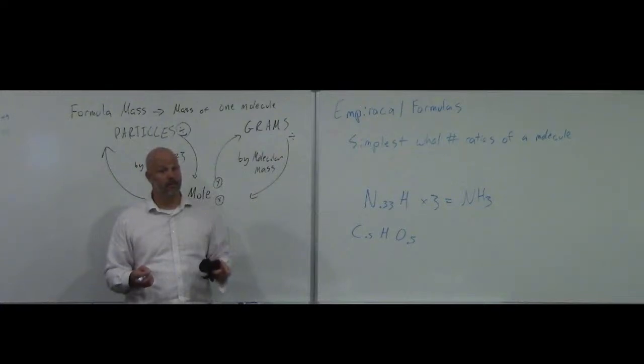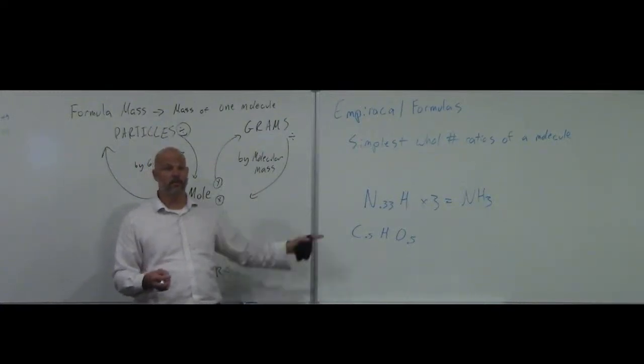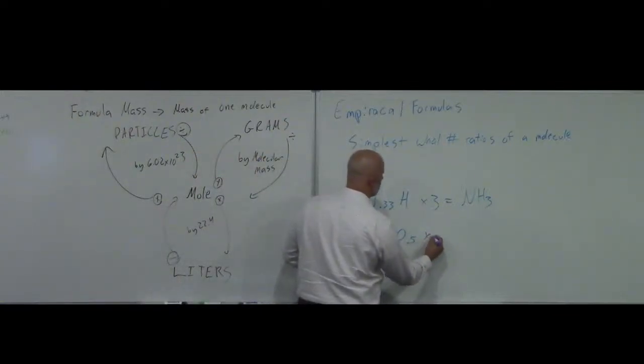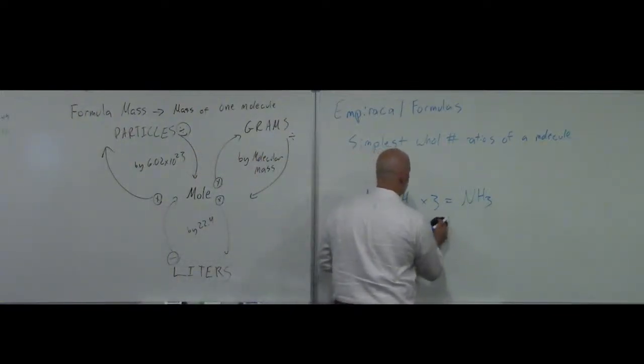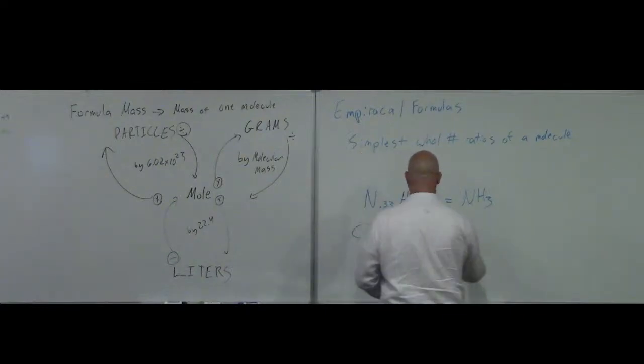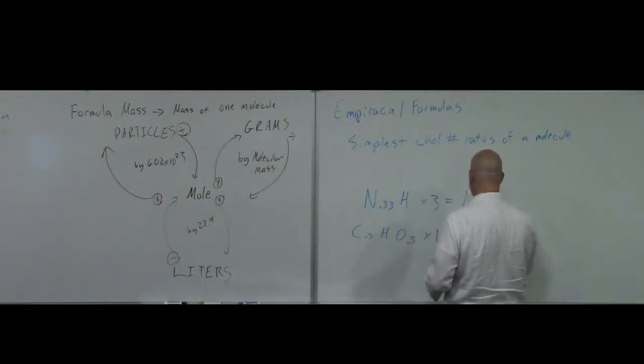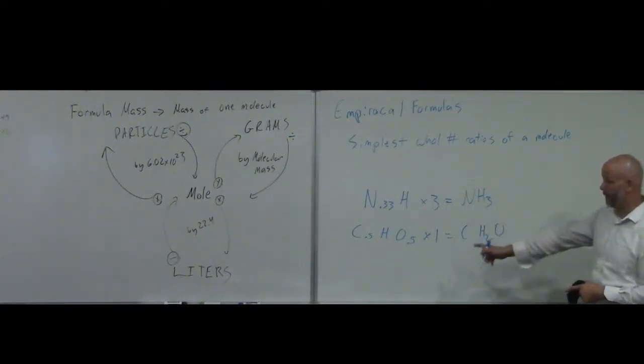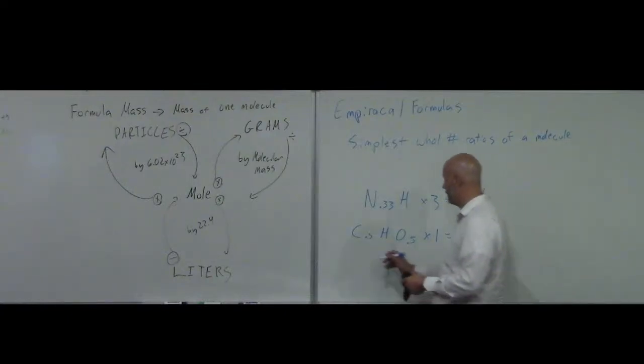Not by 5, by 2. 2 times 0.5 will give me 1, right? So if I multiply this by 2, then it's going to give me CH2O. Just for fun, let's do this by 5 and see what we would have got, okay?